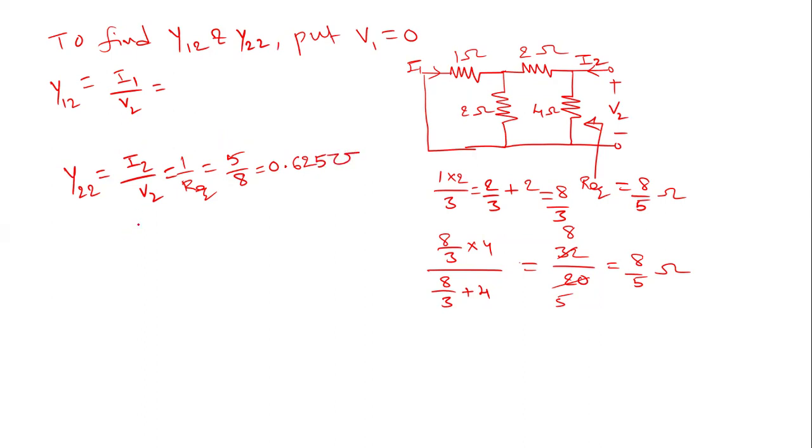Now we have the relation between I2 and V2; that is, V2 can be expressed as 8 by 5 I2.